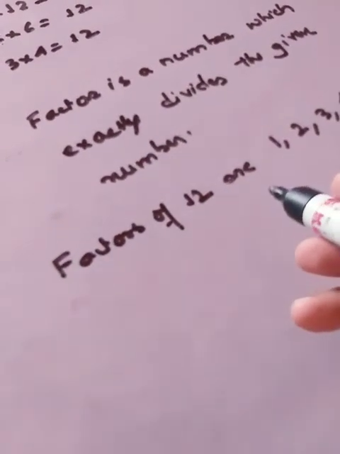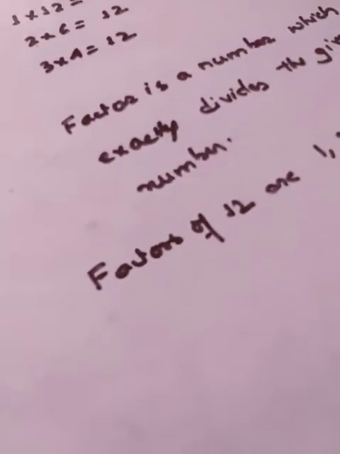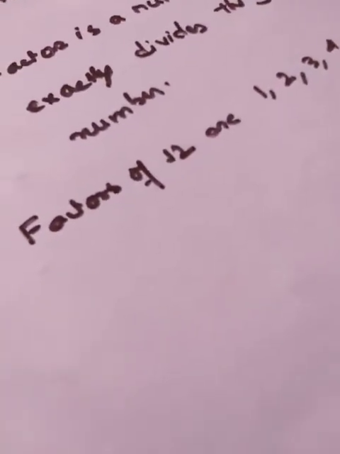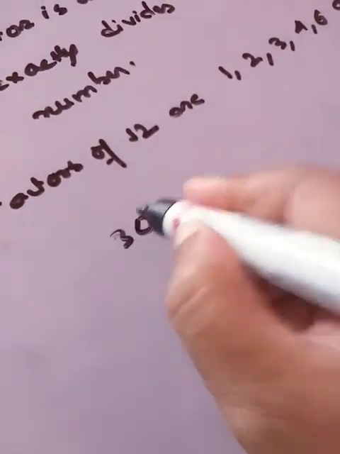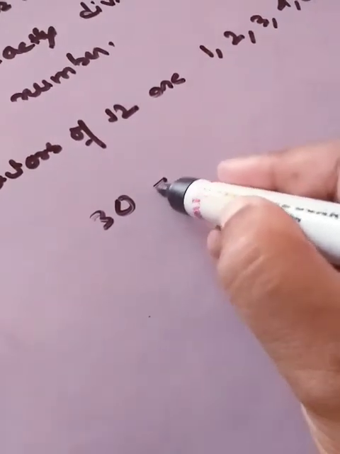Now when you write a number, suppose 12, in the form of prime numbers, so when you multiply those numbers, suppose I take another example, 30. Now 30 can be written as 2 into 15.